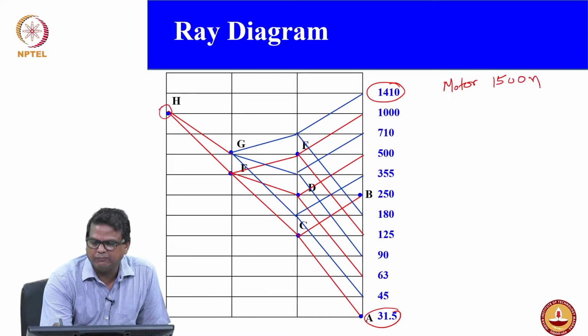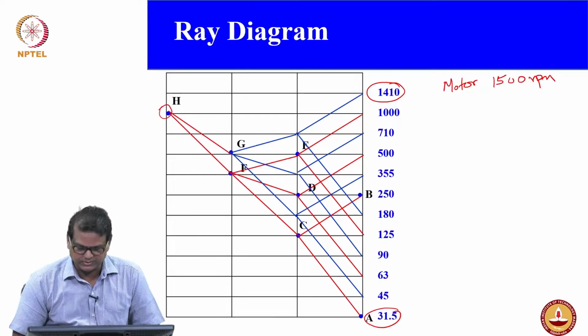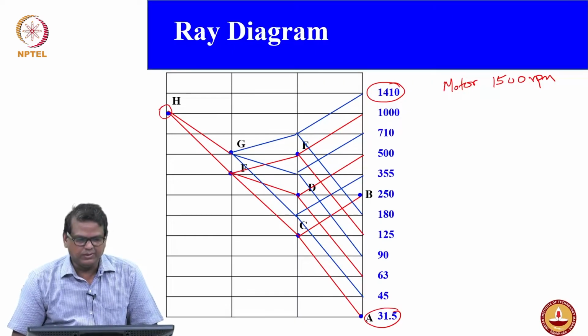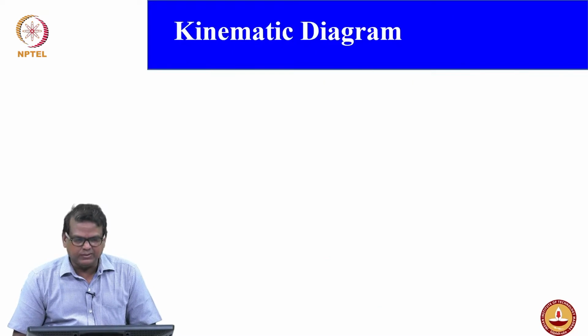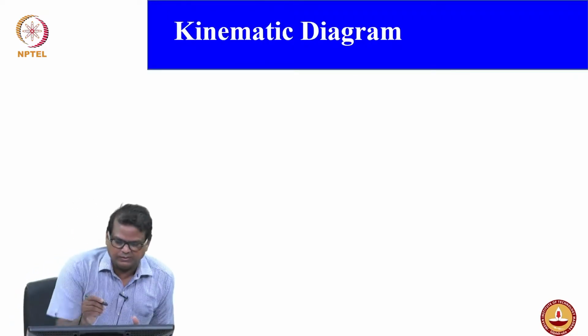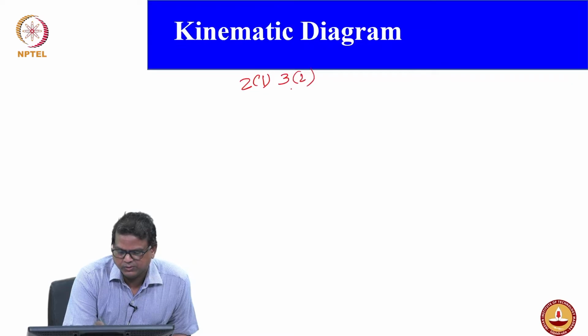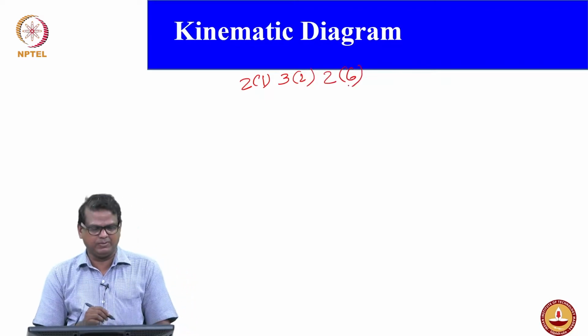We are only focusing on the ray diagram aspects. As you are aware, the given structural formula, I will rewrite again: 2 of 1, then 3 of 2, and 2 of 6.